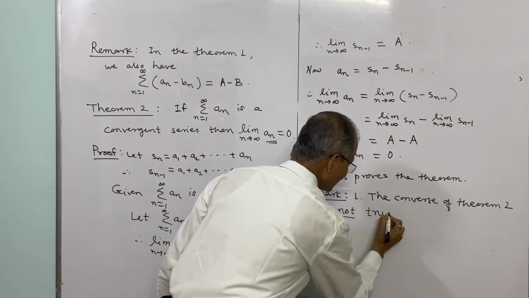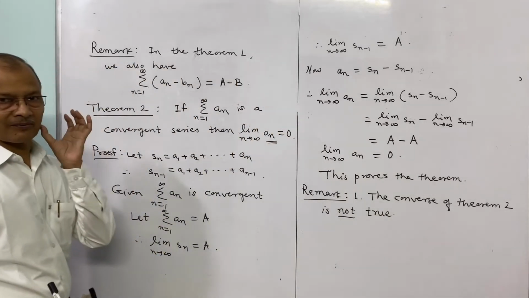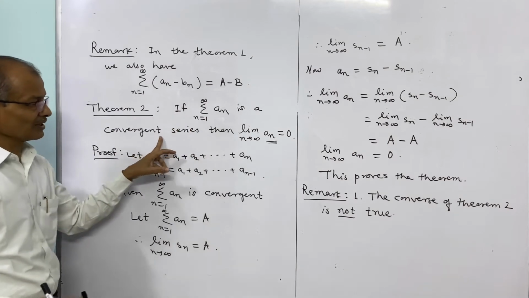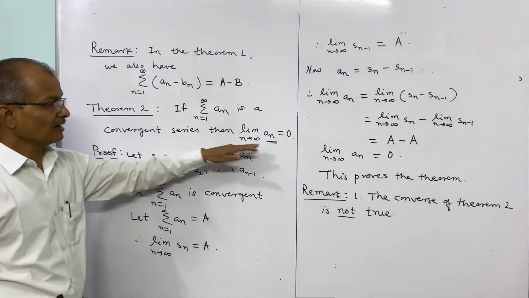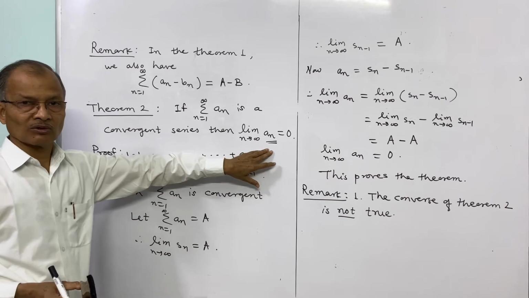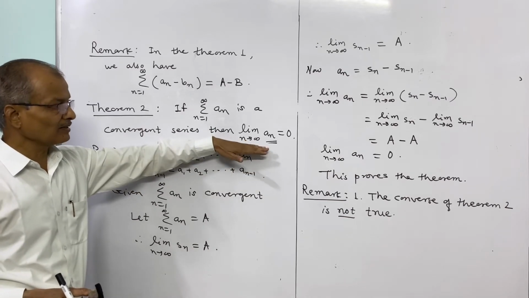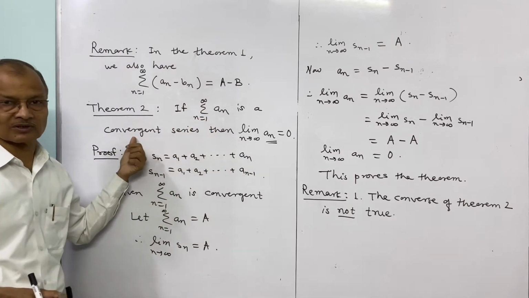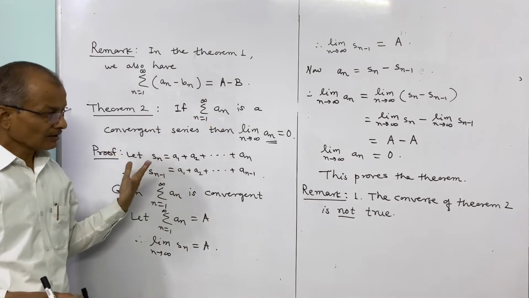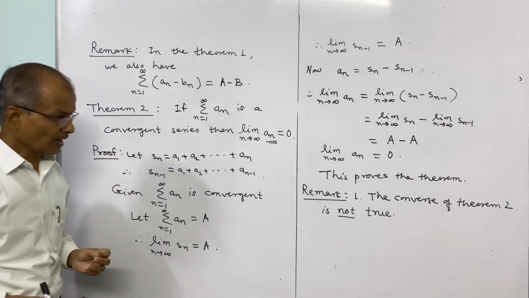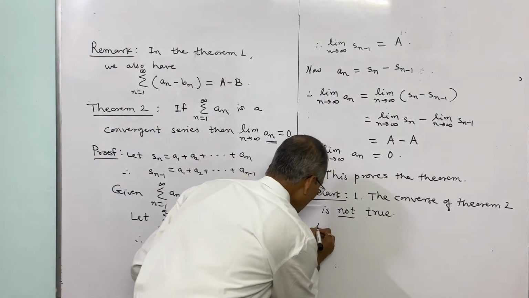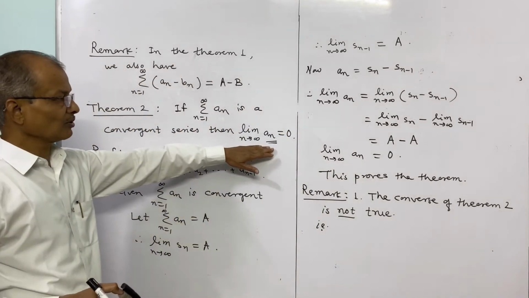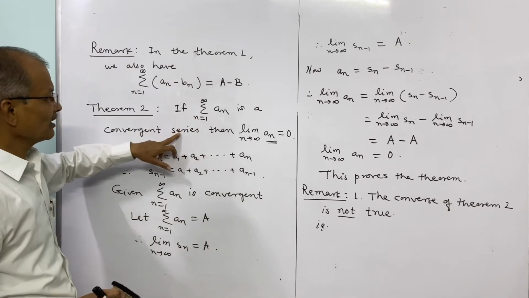So what is the converse of this theorem? The theorem is: if sigma An is a convergent series, then the limit of An is 0. The converse will be: if the limit of An is equal to 0, then sigma An is convergent. But it is not true. That is, if the limit of An is equal to 0, then sigma An need not be convergent.